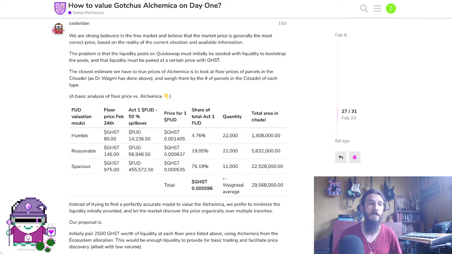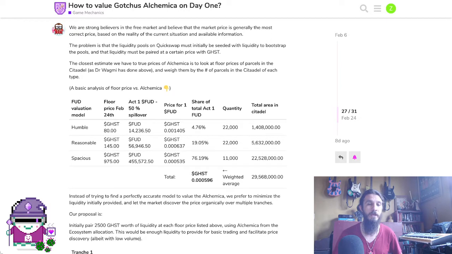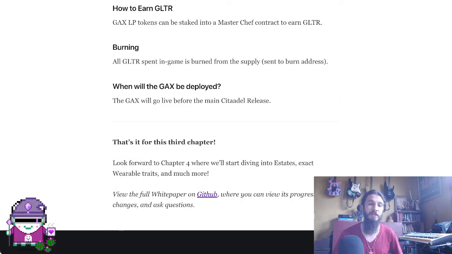Go check out the DAO forum, of course, but especially check out this one from Coder Dan about how we are valuing Alchemica in the beginning. And then let's look forward to Chapter 4, where we're going to really get into estates, exact wearable traits, and a lot of other stuff, and probably some more clarity around crests and how that's going to work, because now there's been a lot of discussion about that.